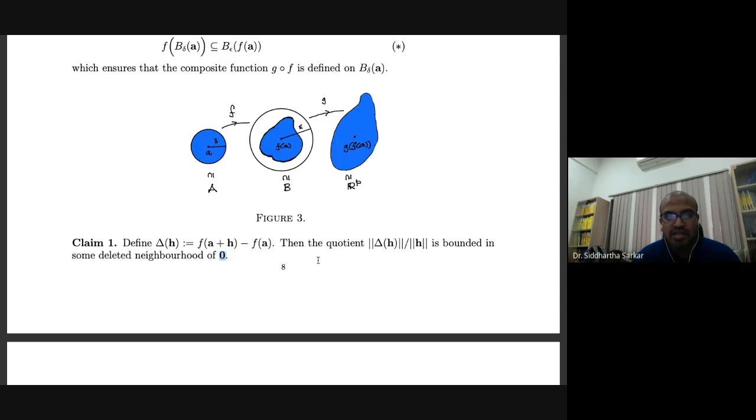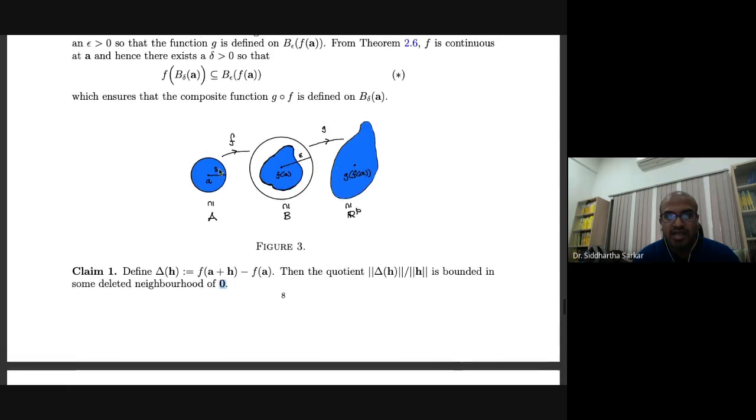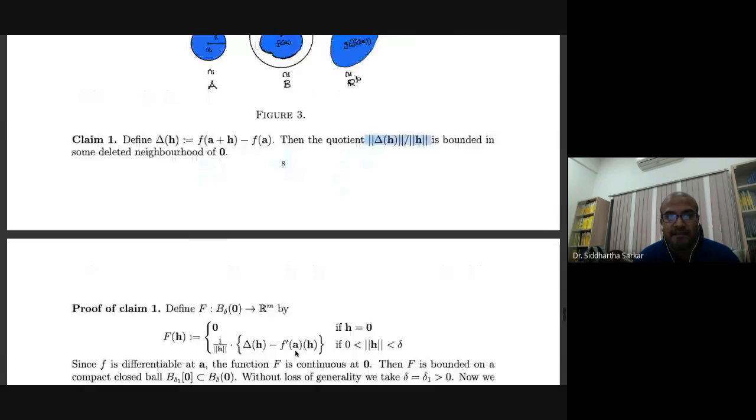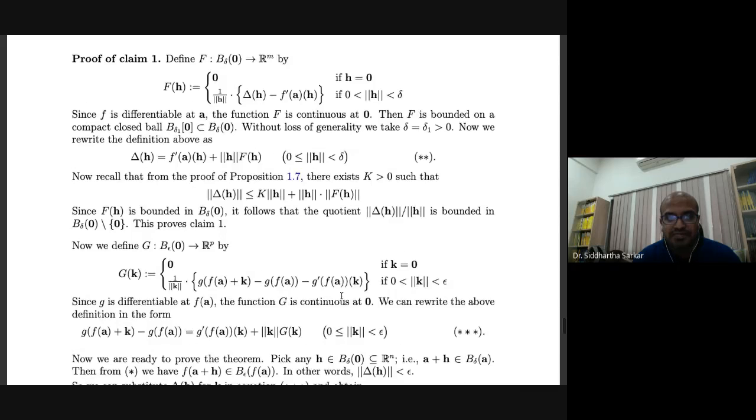This delta is in my control. Given any epsilon positive there was a delta, but I could have chosen some smaller delta and that would still work. So I could as well assume this is bounded in this particular delta neighborhood of 0. So this is done over here.